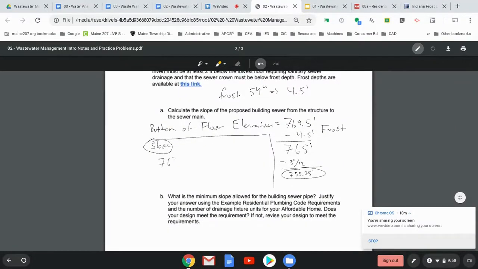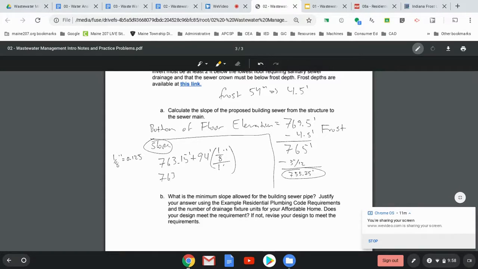So 763.15 feet plus 94 feet times 1/8 of an inch per 1 foot. 1/8 of an inch is 0.125. So 94 times 0.125 is 11.75 inches.